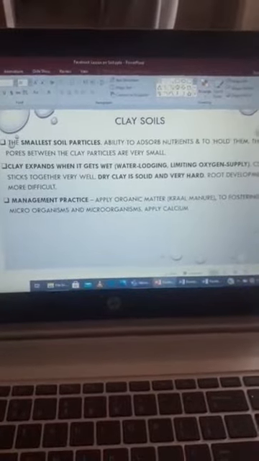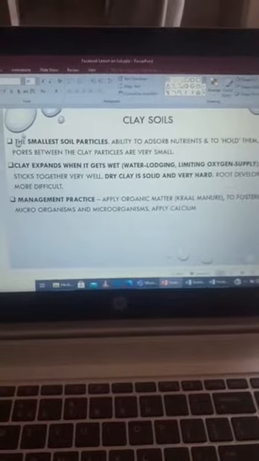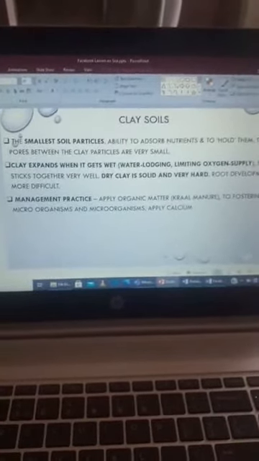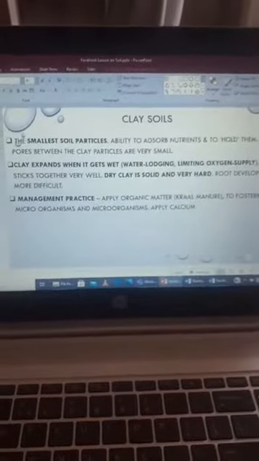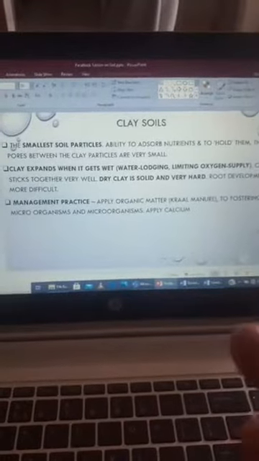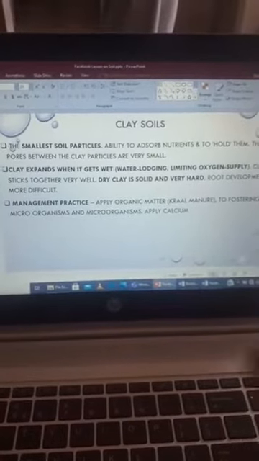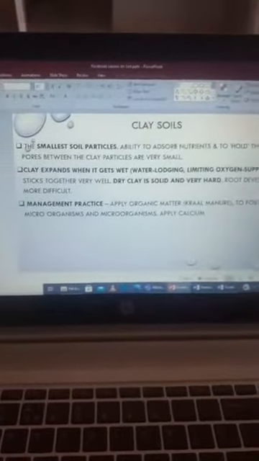That's why with clay soil you see water logging and your plants don't grow, because oxygen isn't available to the roots, and eventually your plants will wilt or die. You might think something else is wrong, but it's because of the soil. Farming is about understanding each and every factor you are producing with. Another difficult thing about clay is that root development becomes difficult, and your plants can't grow much.